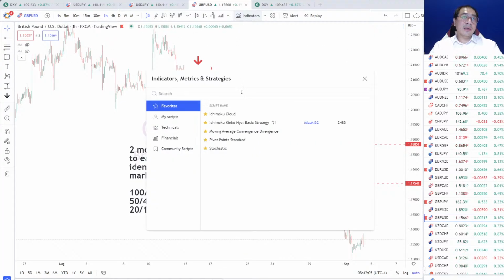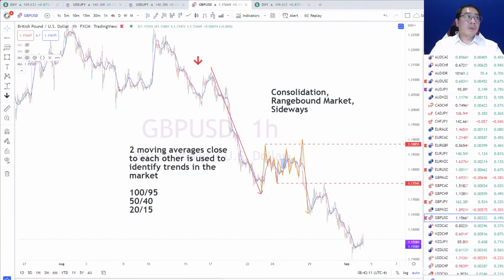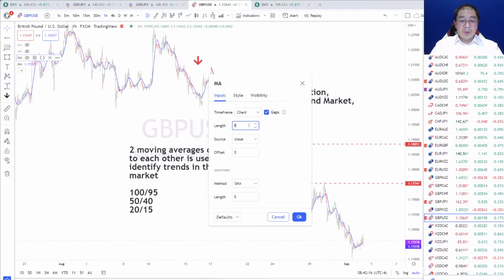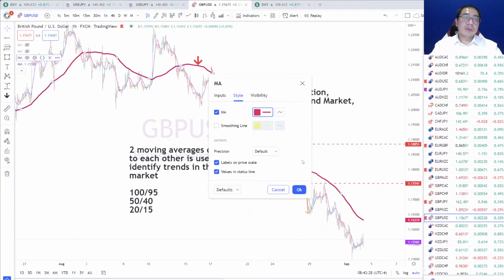So I'll add another two moving averages, right? So I got two more moving averages, and I will make one 100 SMA, and I'm going to make the lines super thick so you guys can see the difference. All right, I'll make it pink. So this is the SMA.